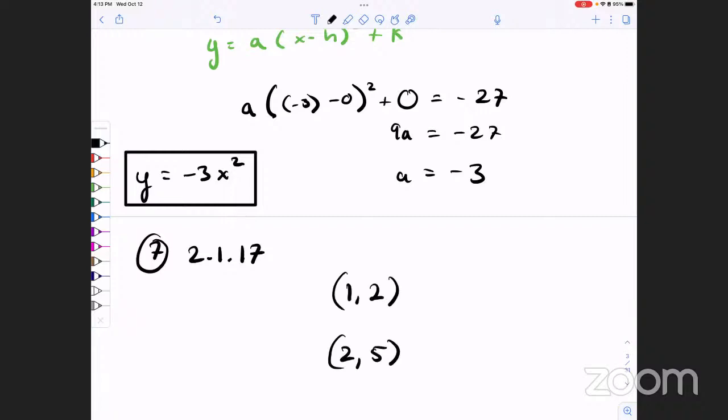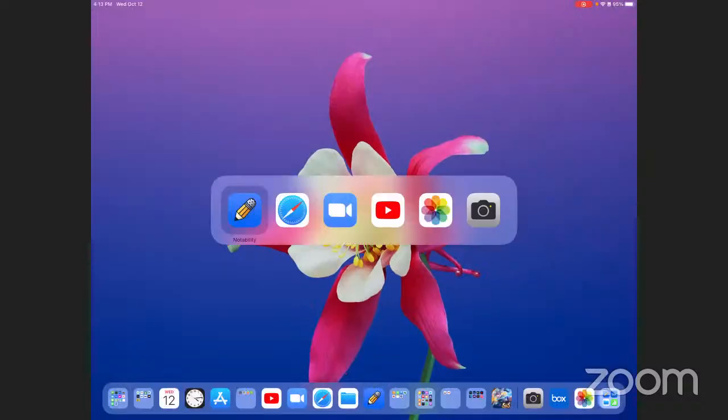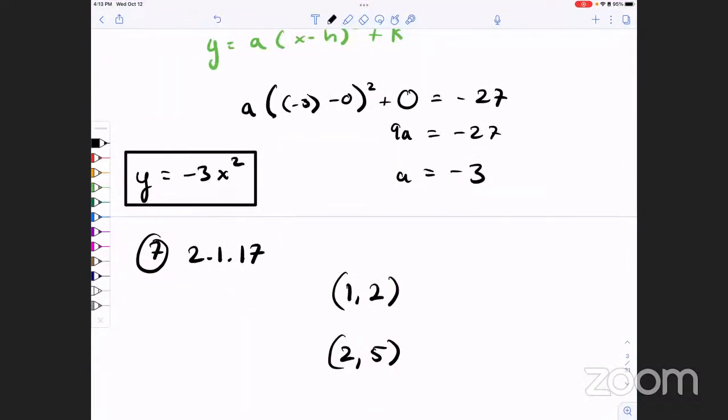My device is kind of slow. So this was the given vertex. This was the given point, and it's basically a repeat of the previous question, just we changed the vertex and the given point, right?